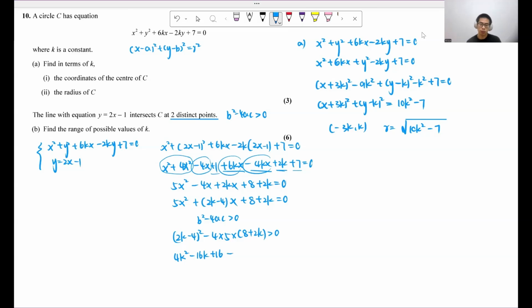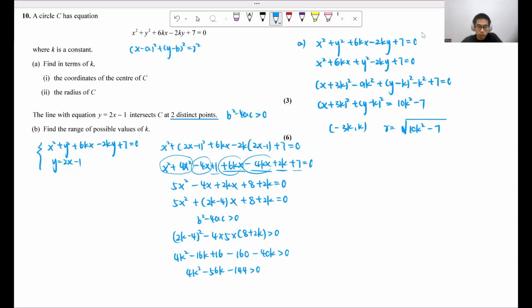And then minus 4 times 5 is 20, 20 times 8 is 160, and 20 times 2k is 40k, more than 0. Then simplify that: 4k squared minus 56k minus 144 is more than 0.